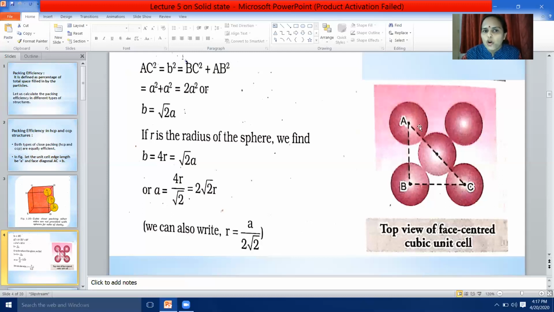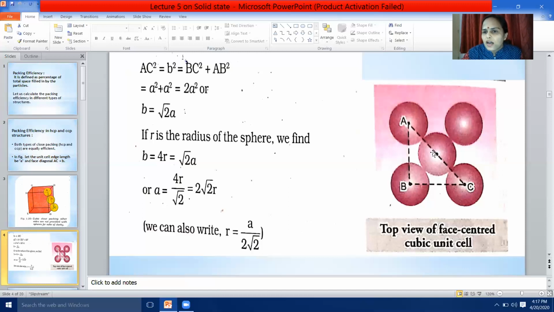If small r is the radius of the sphere, you see these spheres are in contact with one another along the face diagonal. Here, for these three spheres, one sphere contributes r, the middle one contributes r plus r, and the third sphere contributes r.